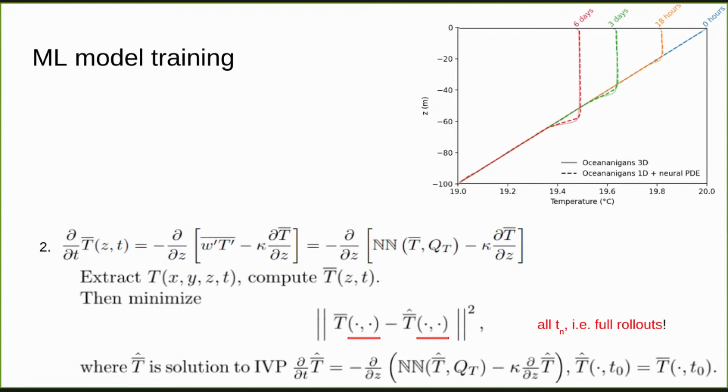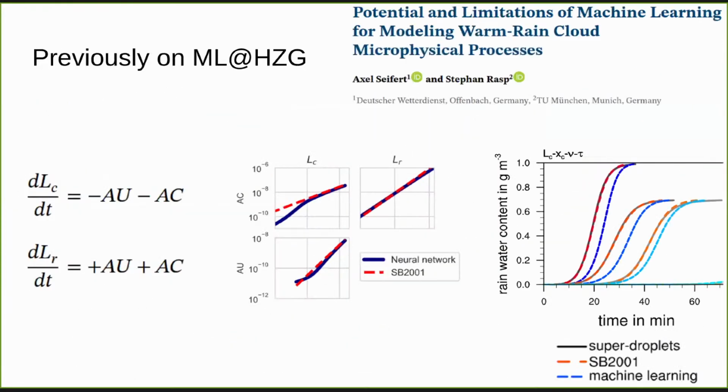So, Marcel, you mentioned the idea of errors accumulating. And that seemed to be the case in the super droplet paper we looked at. It's the case in a lot of other situations as well. I'm wondering if it's really the case here. It seems that they're simulating a big block of water which gets cooled on the top in the middle, and then this disk of cold water falls down.